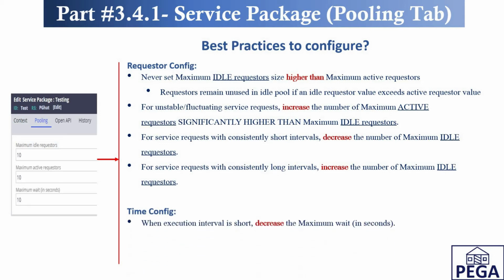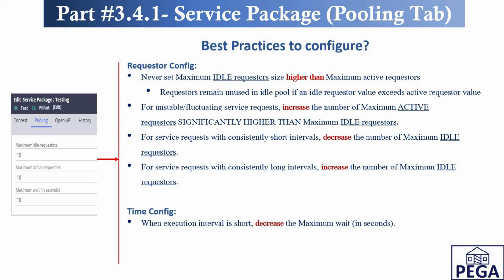Now how are you going to configure the time? When the execution interval is short, right, from end to end, let's say you are going for a state rest, starting from request, processing it and getting a response, during that time you need to decrease the maximum wait time, because you don't need the maximum wait time to be more, because it's faster.